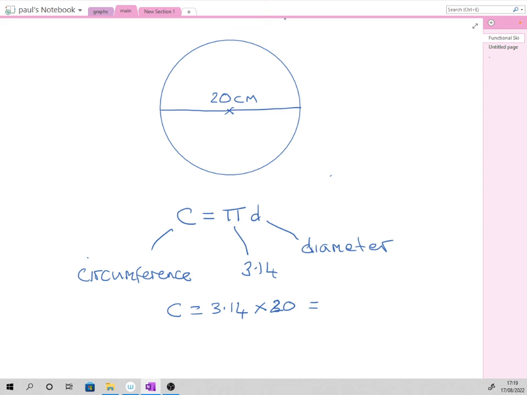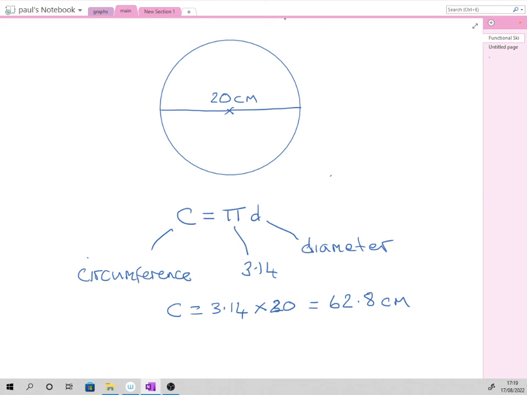So we can have 3.14 times 20, which is 62.8 centimeters. So that's as accurate as the number that we use for pi.